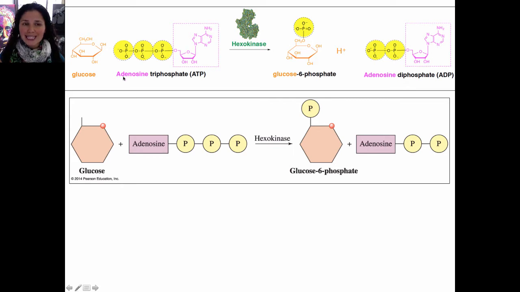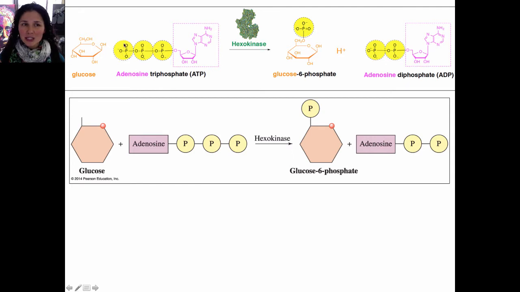Glucose and adenosine triphosphate, or ATP, react to form glucose 6-phosphate and adenosine diphosphate, or ADP. Notice that the thing that happens in this reaction is that a phosphate group is transferred from ATP onto glucose. The T in ATP, or the tri in triphosphate, stands for the fact that this molecule has 3 phosphate groups.